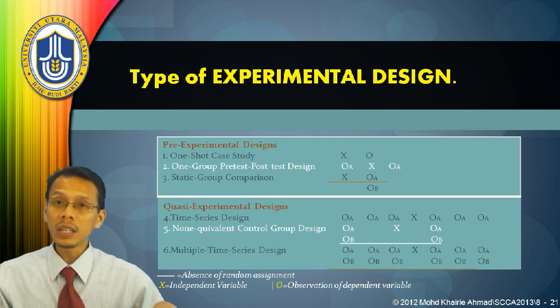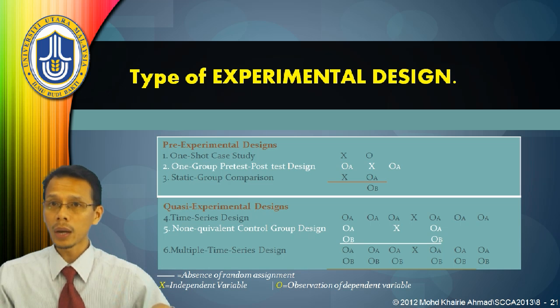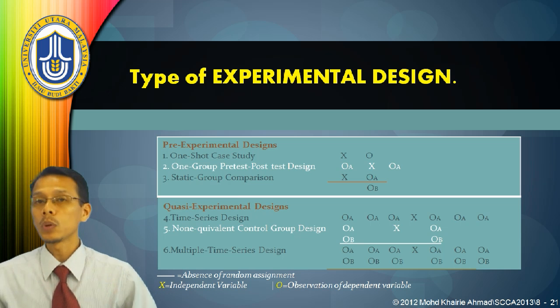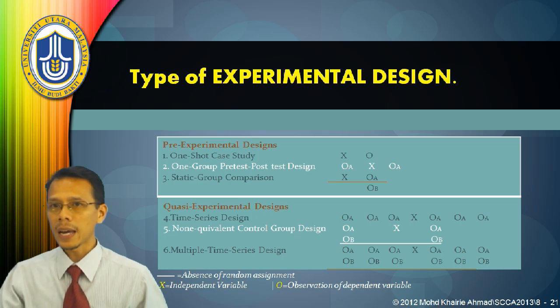For the group that we didn't impose any independent variable on, we also assess them twice, at the beginning and at the end of the time that we evaluate the group that we impose the independent variable on. And the third one is what we call multiple time series design.